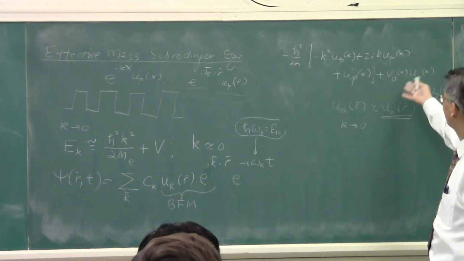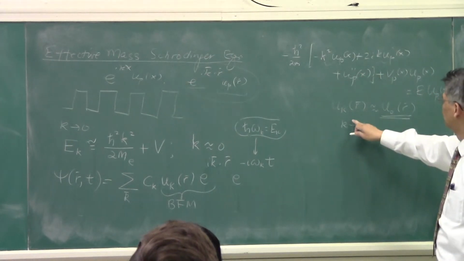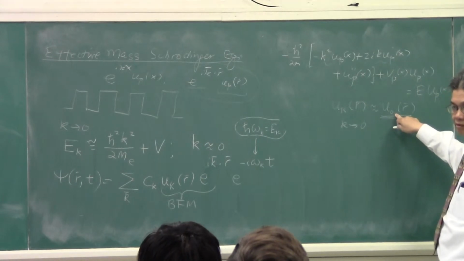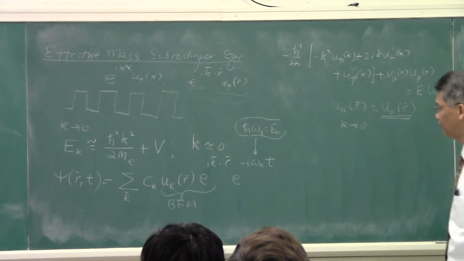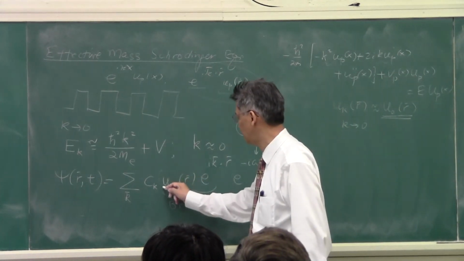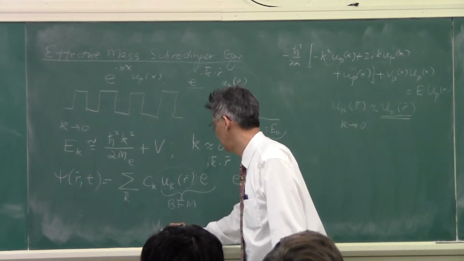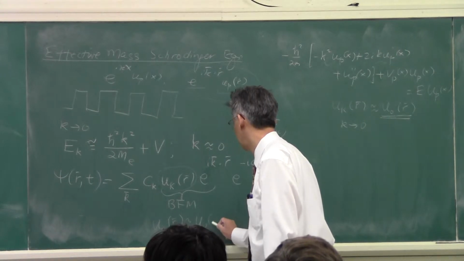Okay, by just staring at this equation. If k is very small, the solution for k not equal to 0 is very similar to the solution for k equal to 0. Can everybody see that? Okay, if that is the case, then I can say that this can be made to be independent of k. I will approximate u_k(r) with u_0(r).